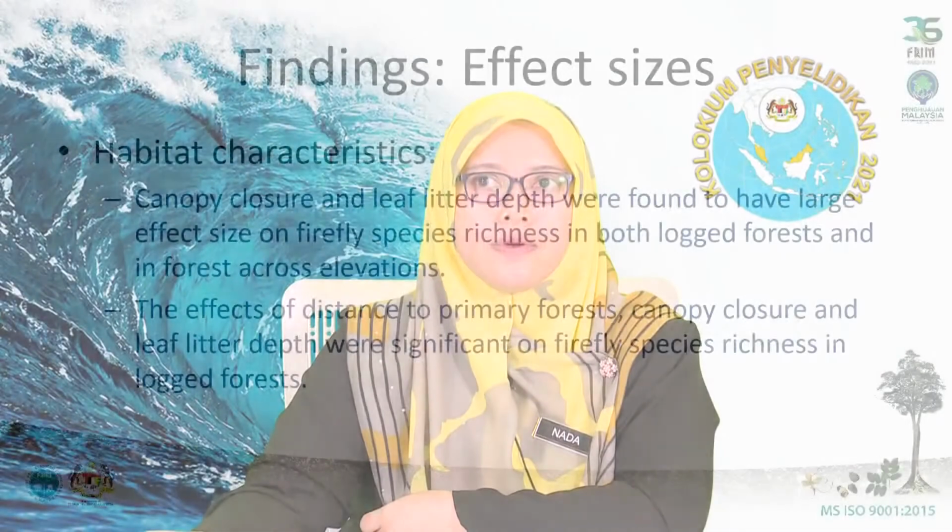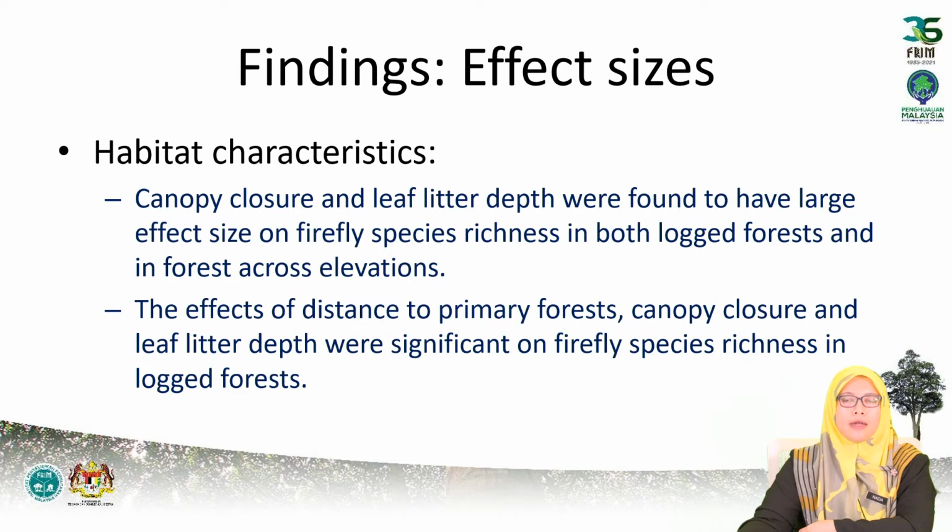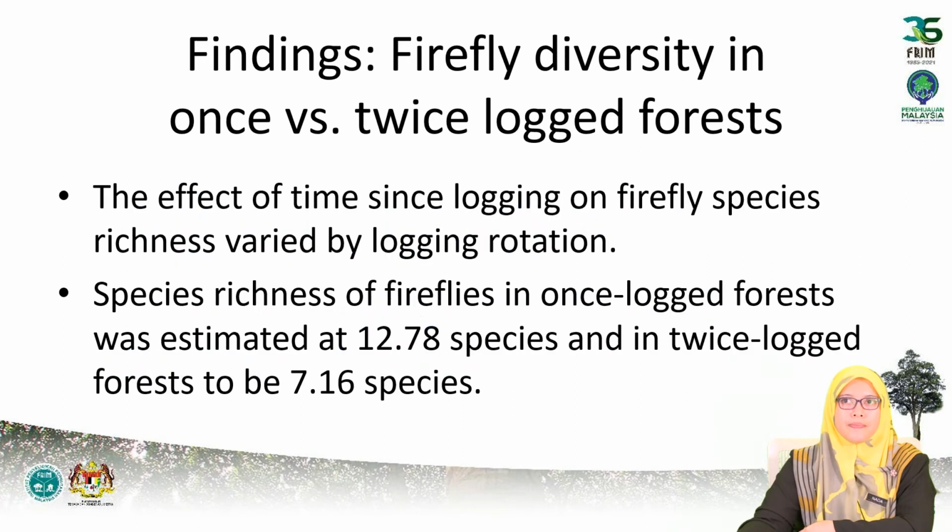It was also found that firefly species richness increased with canopy cover, and firefly species richness declined as the distance away from the primary forest increased. This means that nearby primary forests may provide a spillover of species into neighboring logged-over forests, thus promoting better species recovery.